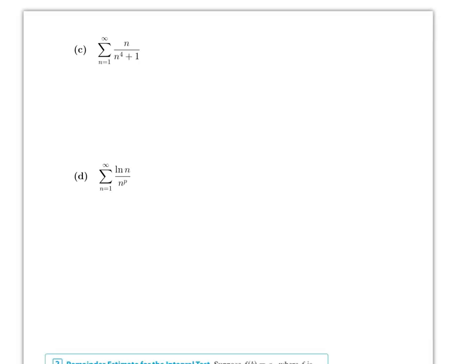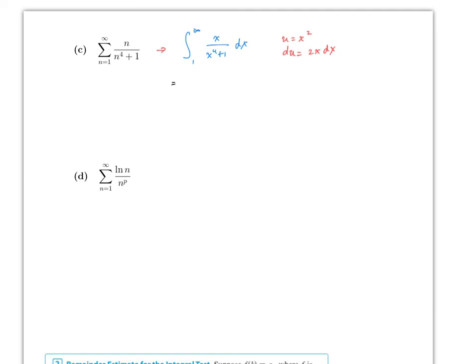Right, what about this one? Well, we have to calculate the integral from 1 to infinity of x over x to the 4 plus 1 dx. So here we're going to make a substitution. Let's say u is equal to x squared. So du will be 2x dx.